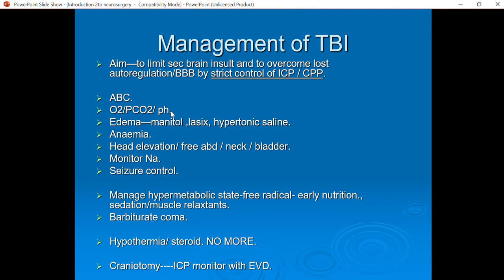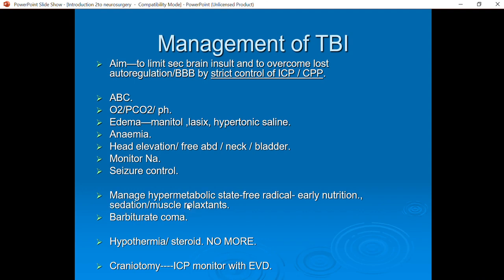Reduce edema by mannitol, hypertonic saline or Lasix, that's furosemide. Correct the anemia, head elevation 30 degrees, free abdomen, free neck, monitor the sodium and prevent hyponatremia, because hyponatremia will increase the brain edema. Control the seizures, and manage the hypermetabolic state by early nutrition, sedation and muscle relaxant.